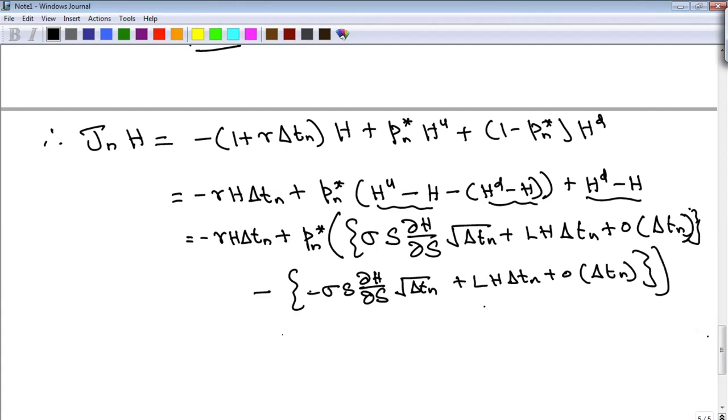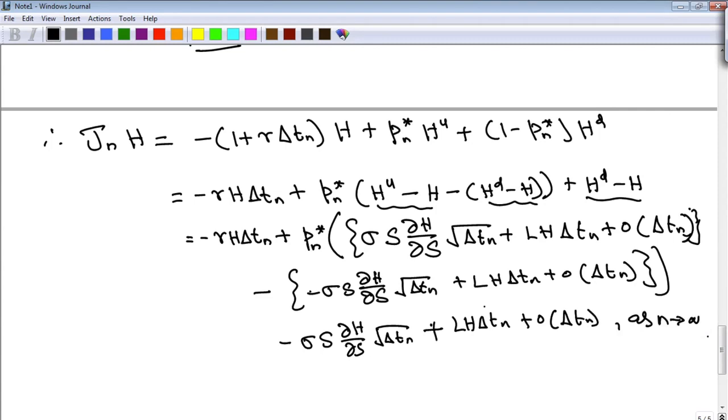And then the last term is going to be minus sigma s dou h by dou s root delta Tn plus LH delta Tn plus small o of delta Tn as n tends to infinity.